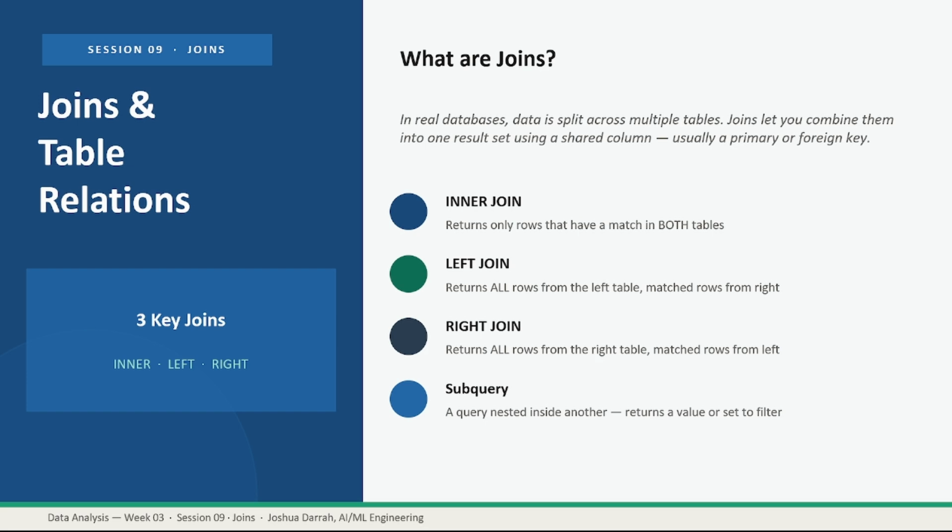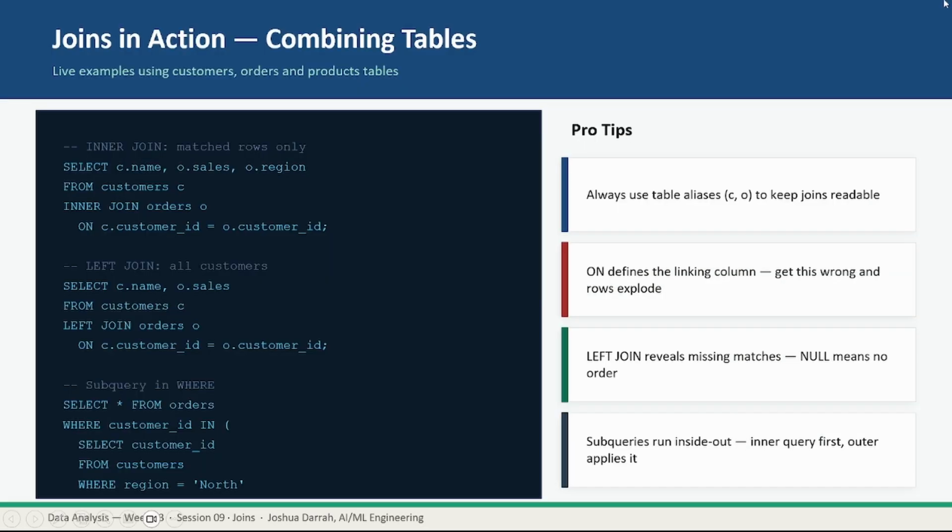So if an order has customer ID equals 1001, that means the order belongs to the customer in the customers table whose ID is also 1001. Now, that's the relationship. The foreign key in one table links to the primary key in another table. This is how tables connect to each other.